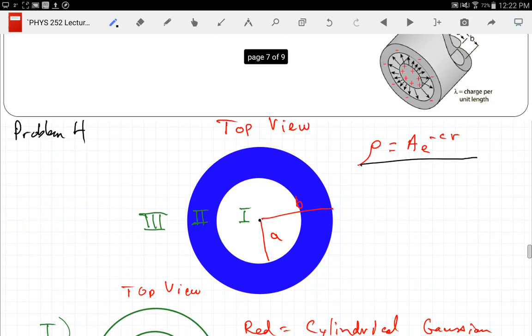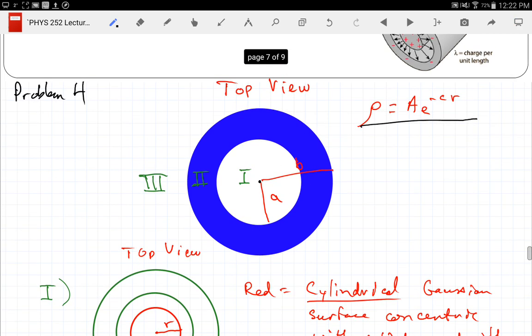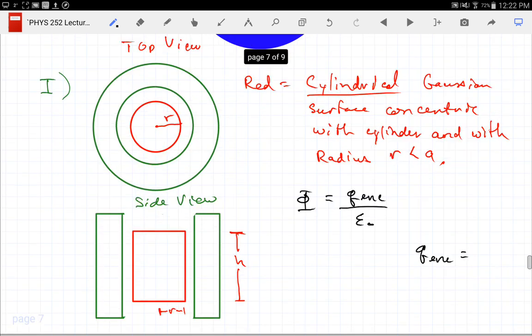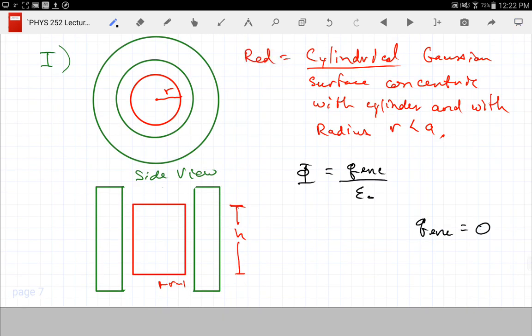So none. This function here is for A less than or equal to R less than or equal to B. So in this case, the charge enclosed is 0. Well, this pretty much tells me everything I need to know for part A, but I'm going to go through and finish part A, even though I know it's going to turn out saying electric field is 0.